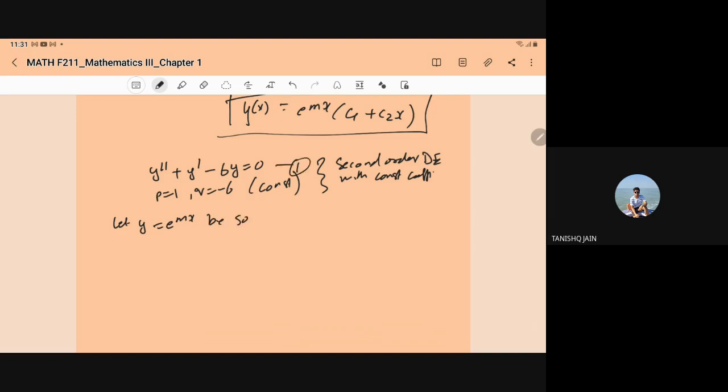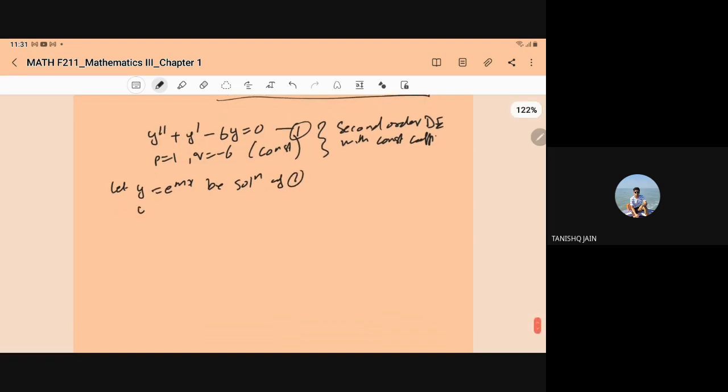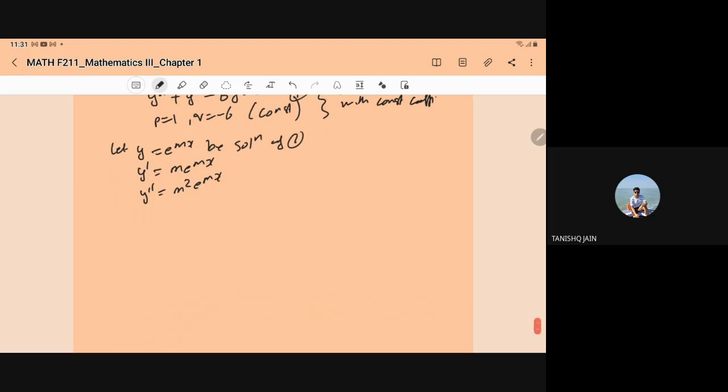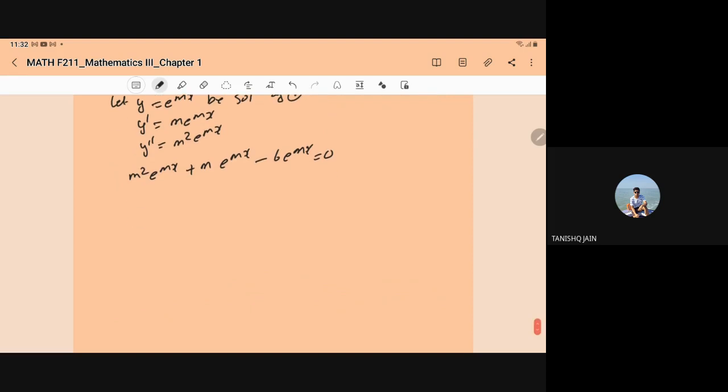For such an equation, let y is equal to e to power mx be a solution. So y dash is equal to m e to power mx, y double dash is equal to m square e to power mx. So our equation will become m square e to power mx plus m e to power mx minus 6 e to power mx is equal to 0.